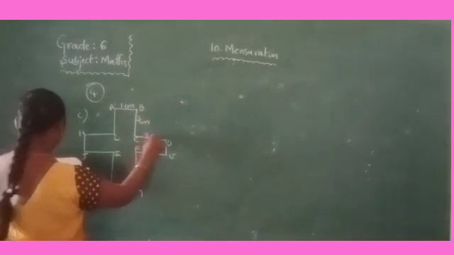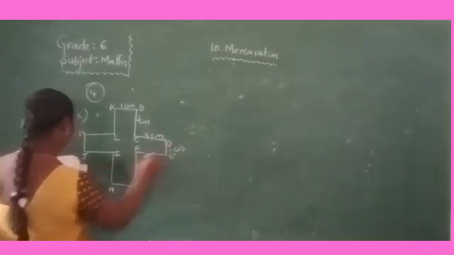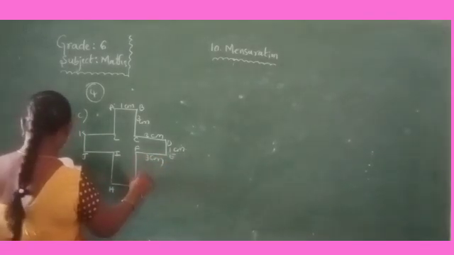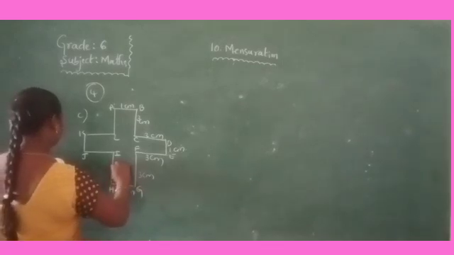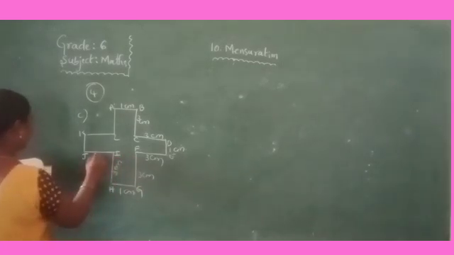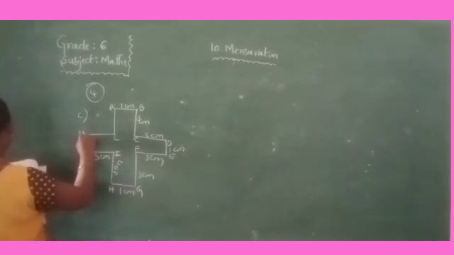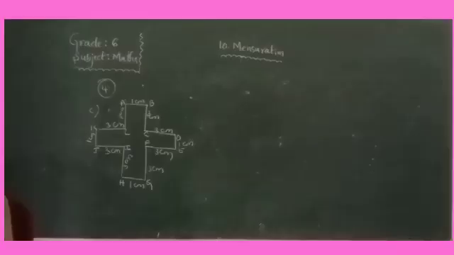CD 3 centimeters. Next DE 1 centimeter. FE 3 centimeters. FG 3 centimeters. GH 1 centimeter. HI 3 centimeters. IJ 3 centimeters. JK 1 centimeter. KL 3 centimeters. And AL 3 centimeters. Okay, children?